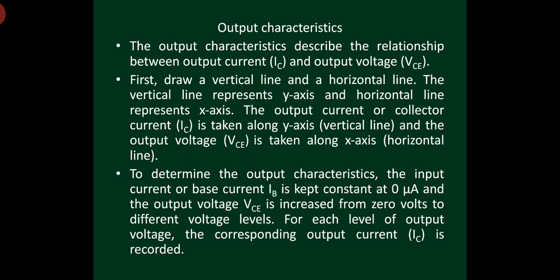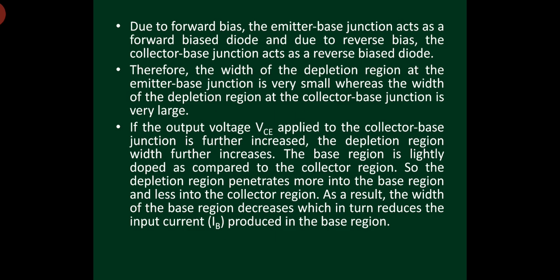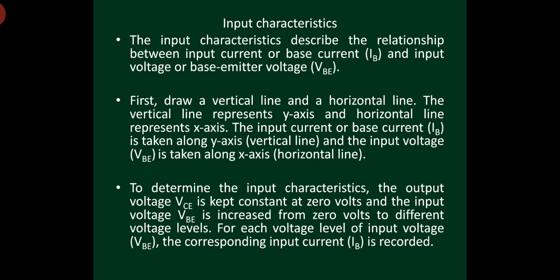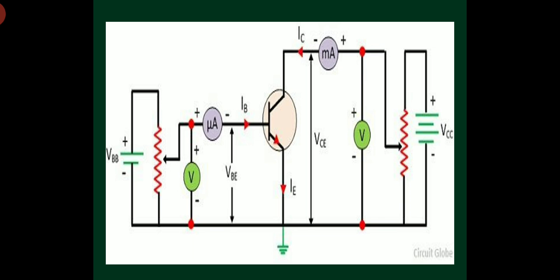So I have to plot the graph between VCE and IC for different values of IB. I am making IB constant at 0 microamp and varying VCC such that VCE is increased and IC also varies. So I have to draw the graph between VCE and IC.